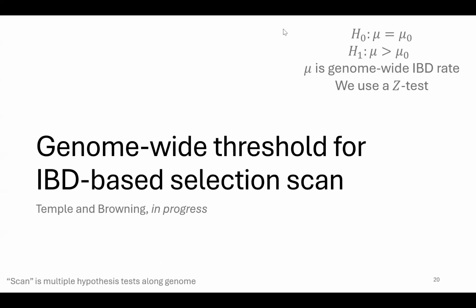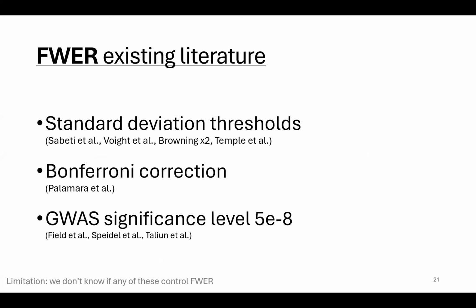And we're going to use a z-test, again, motivated by our central limit theorem. This is ongoing work with Professor Sharon Browning, and I will use this language sometimes scan, which for me means that we're doing multiple hypothesis tests along the genome.